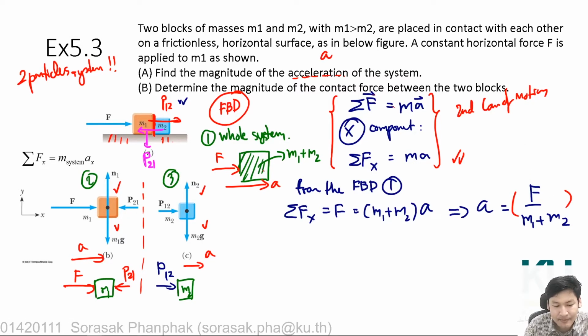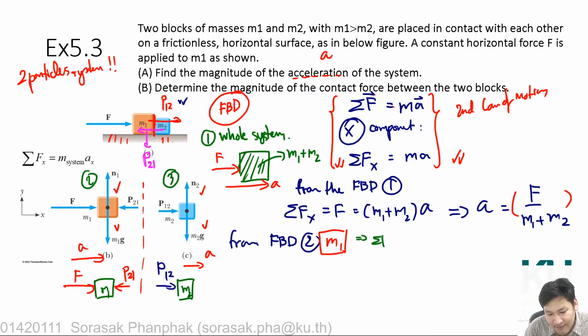With this system, you can look at another system as well. First of all, from the free body diagram of m1, number 2. This is the mass m1. What you have seen here is sigma F equals ma, as sigma Fx equals ma.